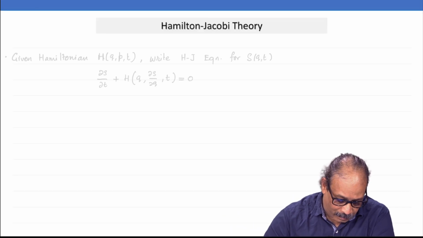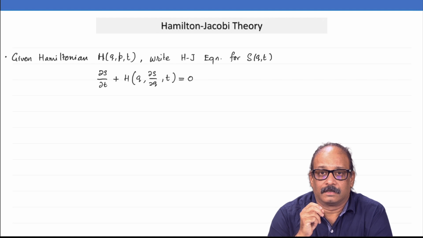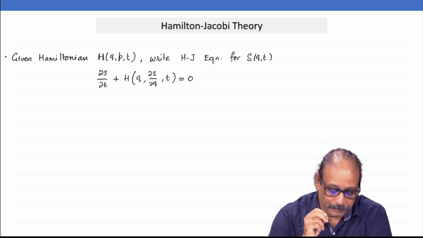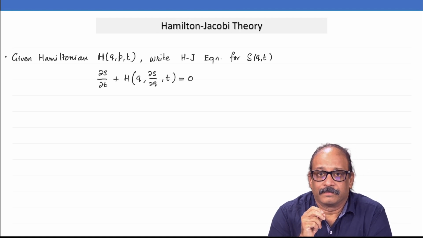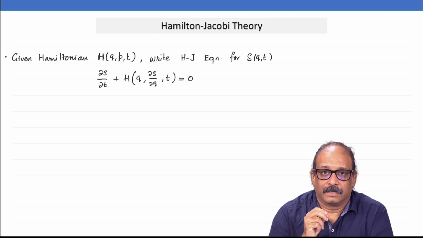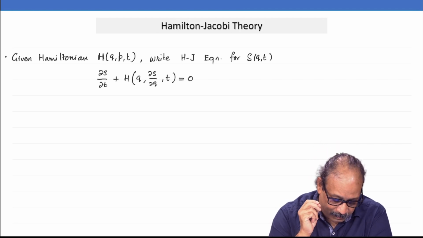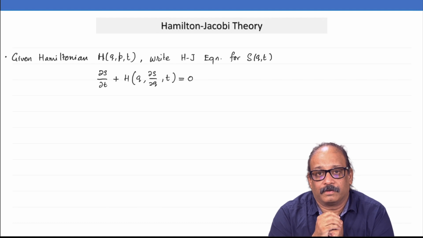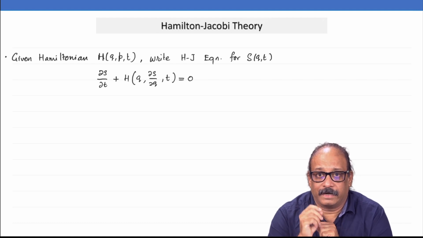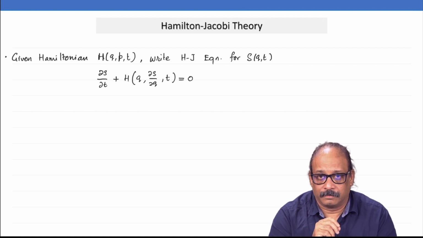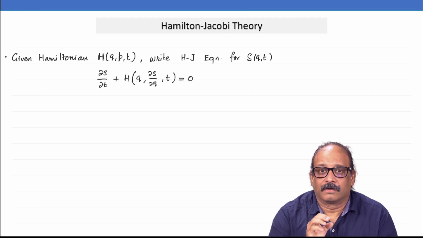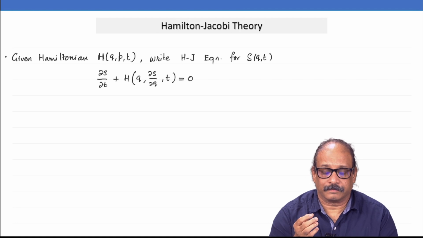We will first talk about a system with 2n degrees of freedom and its Hamiltonian is described by H. Now, what we want to do is find that generator which makes the canonical variables constants of motion in the new coordinate system.